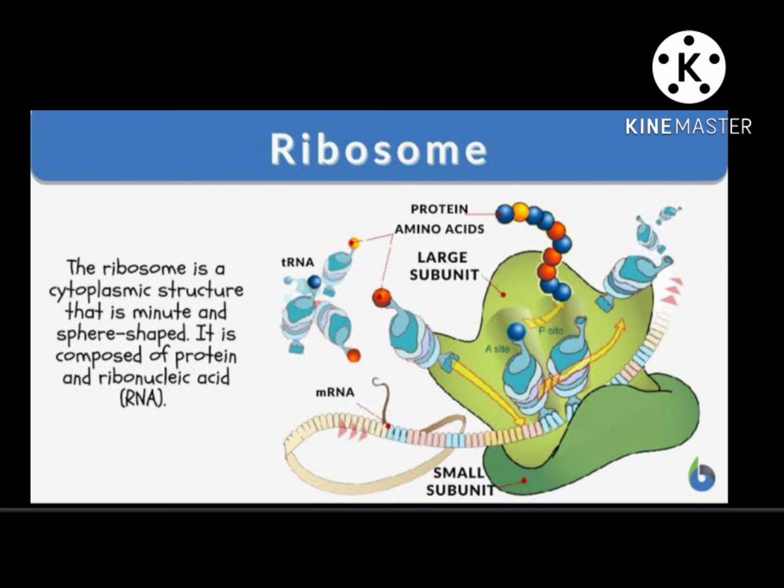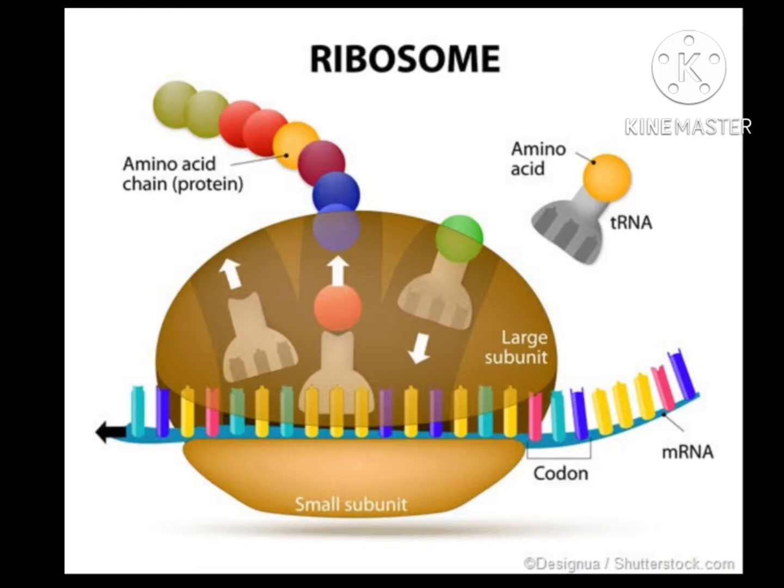And where are they produced? In eukaryotes, the nucleus has a round structure called the nucleolus. The nucleolus is a site of ribosome synthesis. In the nucleolus of the nucleus in eukaryotes, the production of ribosomes takes place.